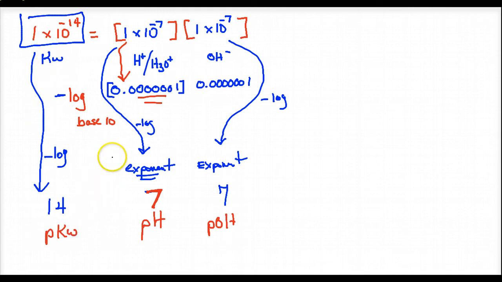Now notice something. When I multiply these values, what do I get? Well, I get 10 to the negative 14, but what if I just take the exponents? When you multiply numbers with exponents, don't I add? Negative 7 and negative 7 give me 14. Since these values are exponents and I'm multiplying these numbers, that becomes pH plus pOH equals pKw.